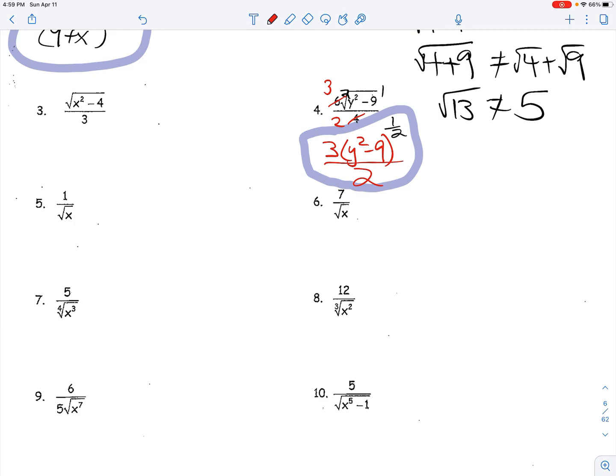Let's do number 6. This is 7 over the square root of x. Once again, that's the second root of x to the first power.